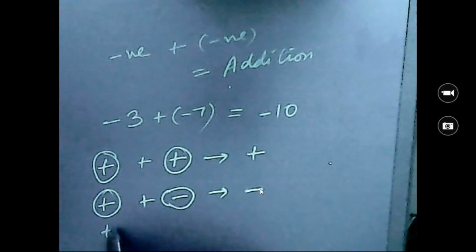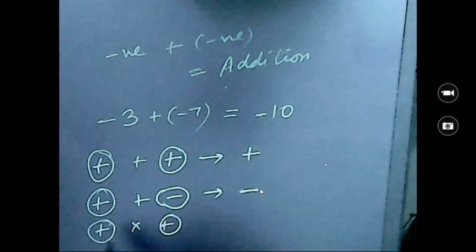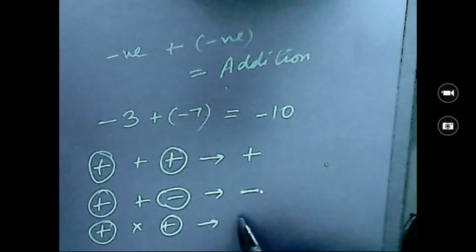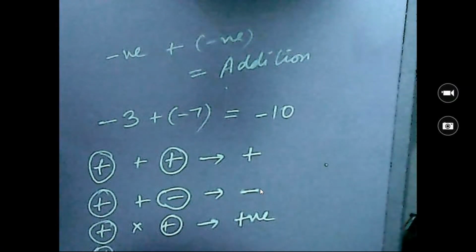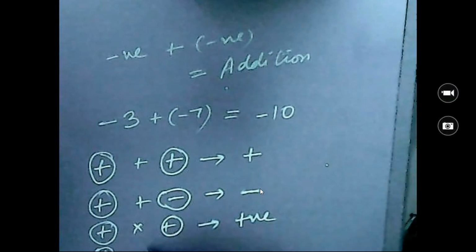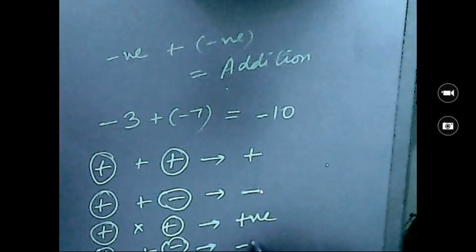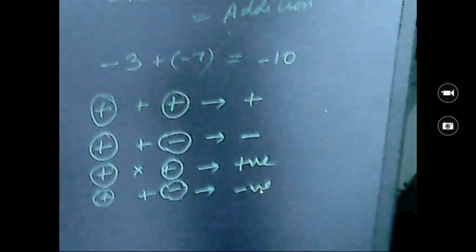If you have plus multiplied by plus, I mean a positive number, what will be the sign we will have? It will be positive. If we have plus multiplied by minus, we will have the sign as negative. Okay.